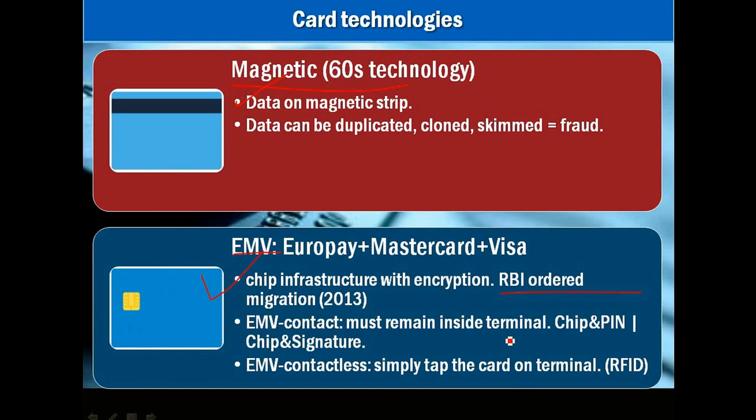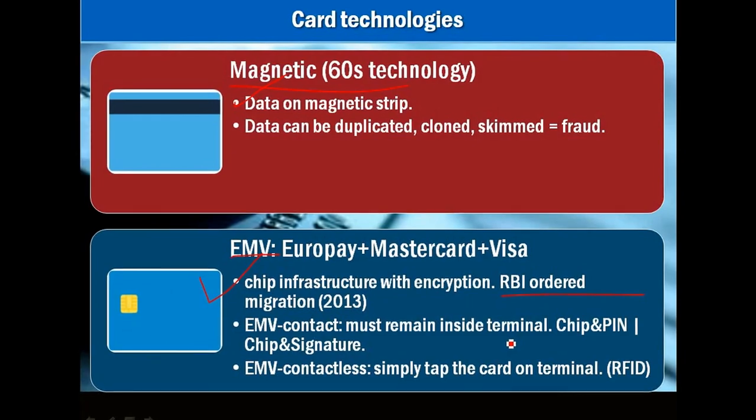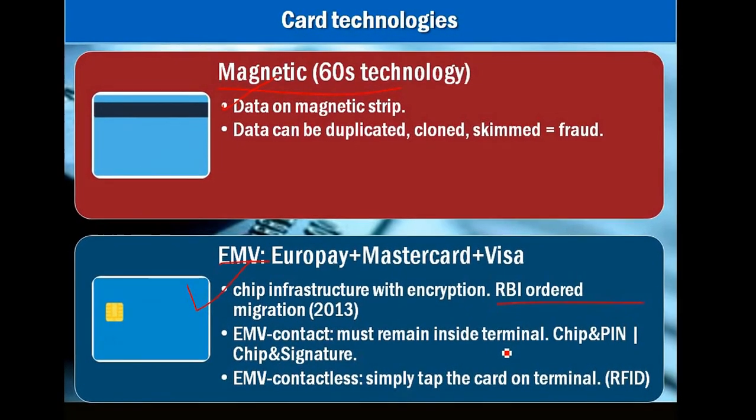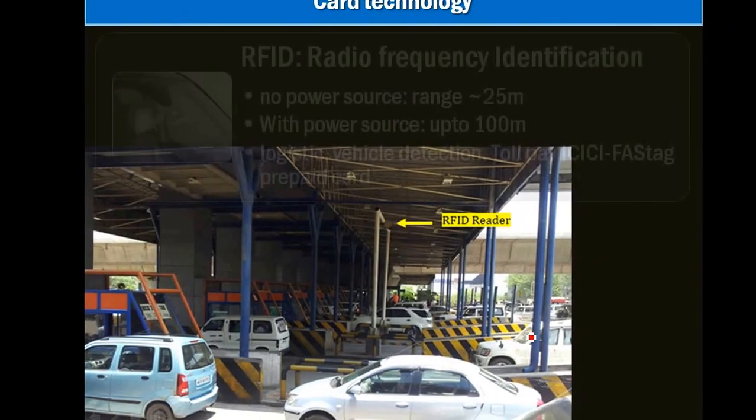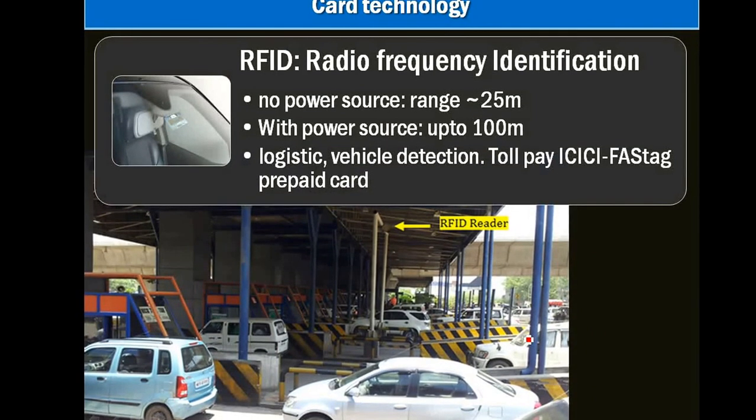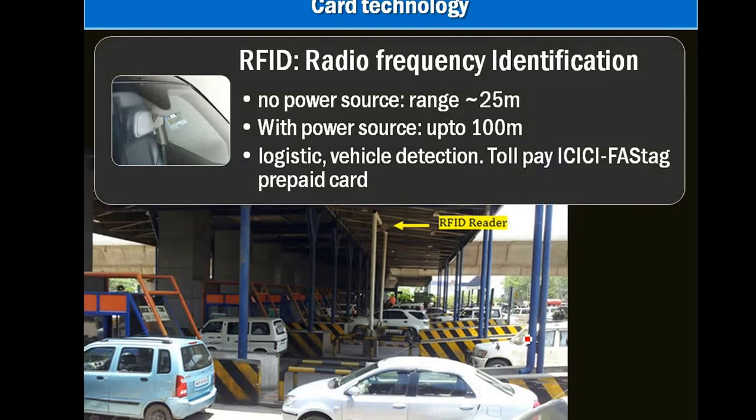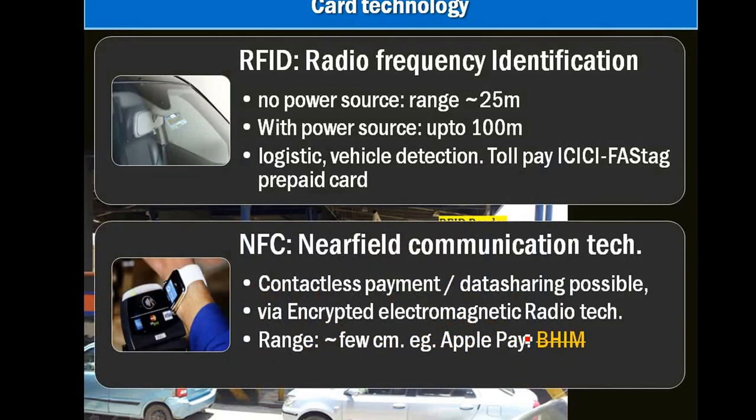So what are the various card technologies? In the 1960s we used a magnetic strip to store the card information. Since data is stored on the magnetic strip, the data can be duplicated, cloned, or skimmed. That leads to fraudulent payments.